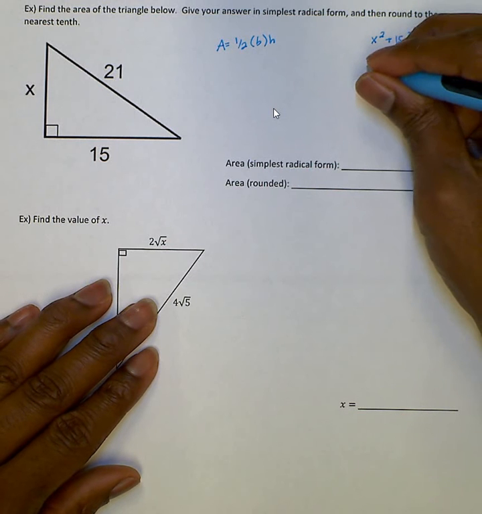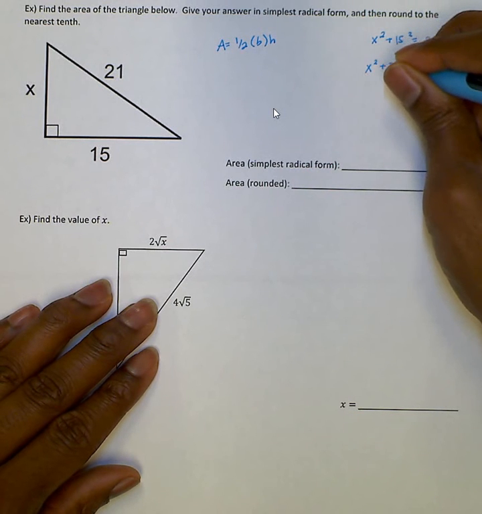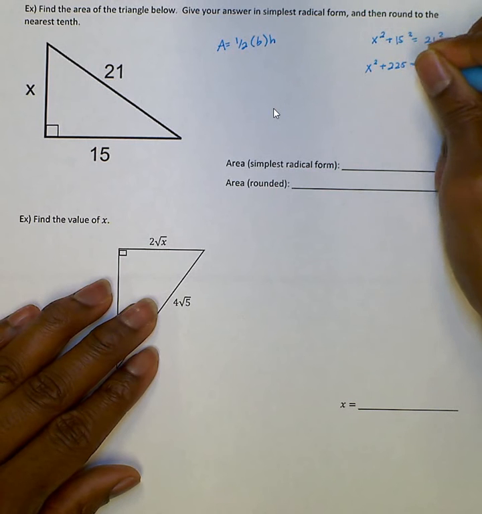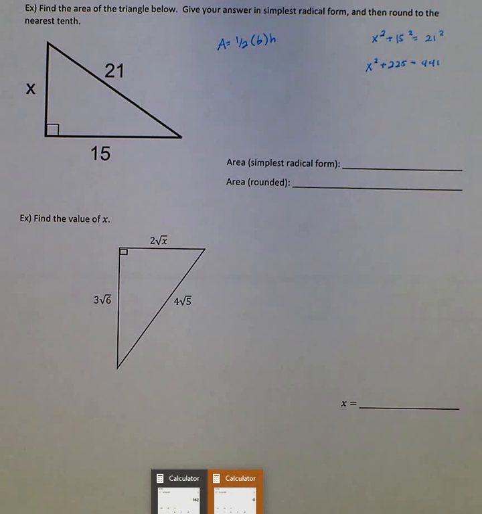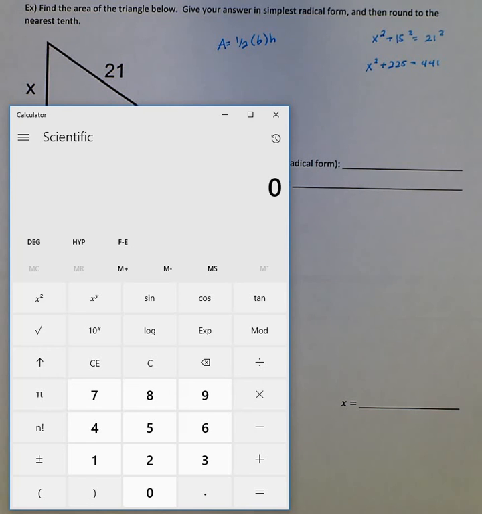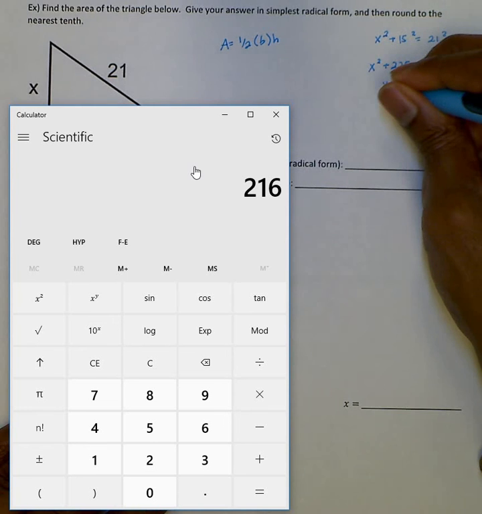So x squared plus 225 is 441, if I'm right. Make sure I am. 21 times 21 is 441. 15 times 15 is 225. So 441 minus 225 gives me 216. So x squared equals 216.